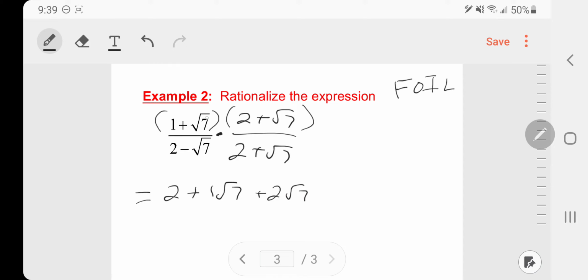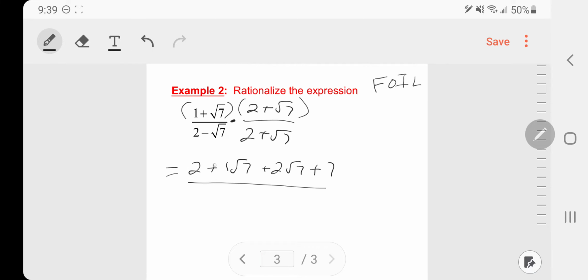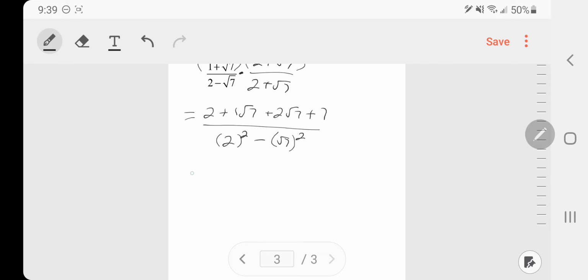And then the last term is the square root of 7 times the square root of 7, which is the square root of 49, which is just 7 when you multiply those together. And on the bottom, we know already it's a conjugate, so square your first term minus the square of your second term, which is going to make things much easier in this next step when we start solving.